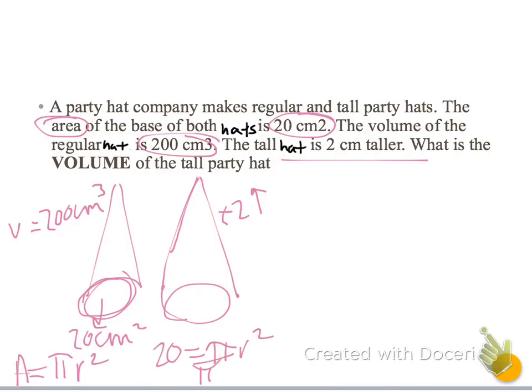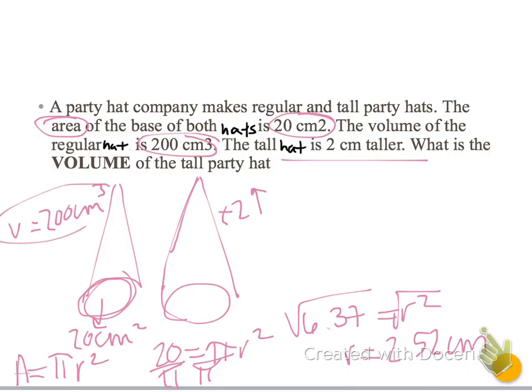So divide by pi. So I have 6.37 equals r squared, so square root that. So my radius for both of these, since they both have the same base, is 2.52 centimeters.